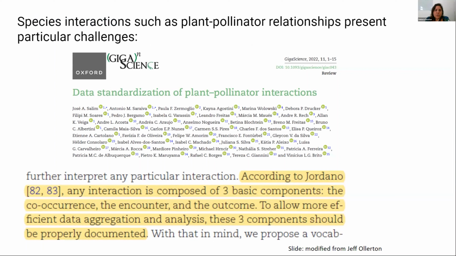So our approach for the data standardization is mostly based on this article led by José Salim, who is also here today and will be at the panel. This is also something that has some relation with the TDWG Biotic Interactions Working Group.